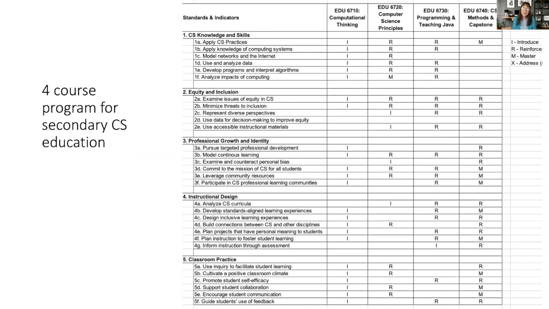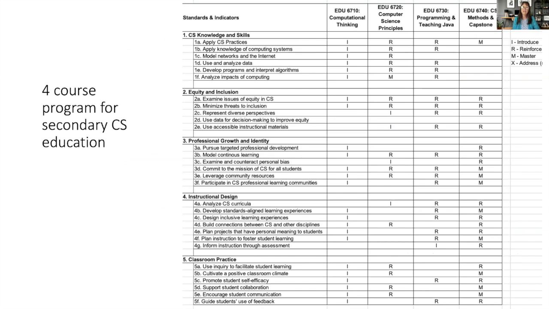If you look at a sequence of 4 courses that might make up a program to prepare a computer science teacher, you would hope that all of these areas in the computer science teacher standards would be introduced, reinforced, and then mastered across the courses that are in the sequence.